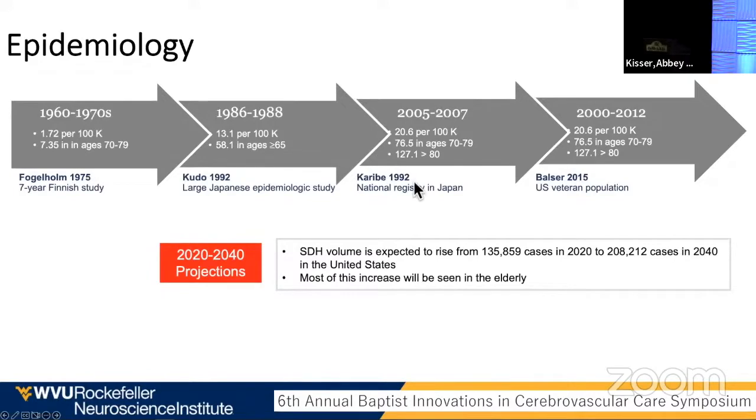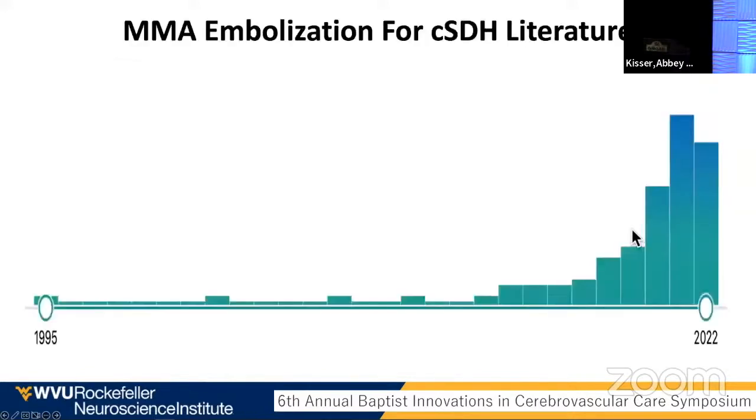And more recent data shows that this number is actually pretty high, 20 per 100,000 people overall, but exceedingly high in the 70 to 79 age group at 76 per 100,000, and over 80, 127 per 100,000. So as our population ages, this becomes a very significant problem with expected cases over 200,000 in the coming years.